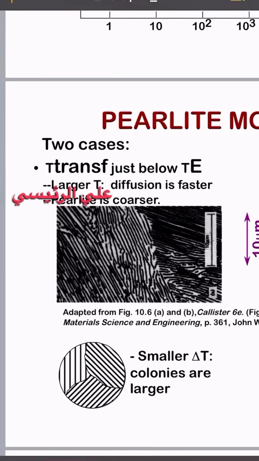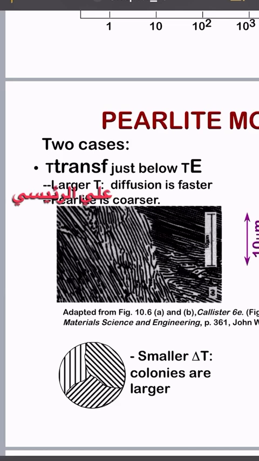As I said, when the temperature is high, it leads to diffusion. What I mean is that carbon will kick out faster from the ferrite, which is white, and the black color is the veins of cementite.